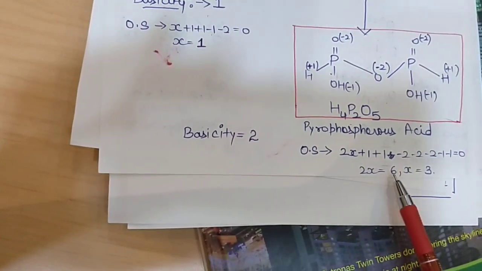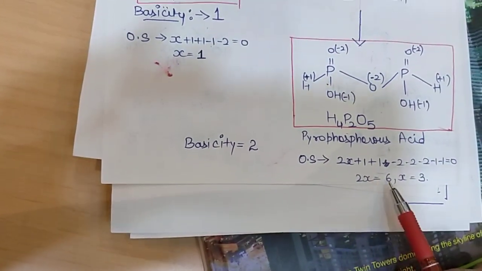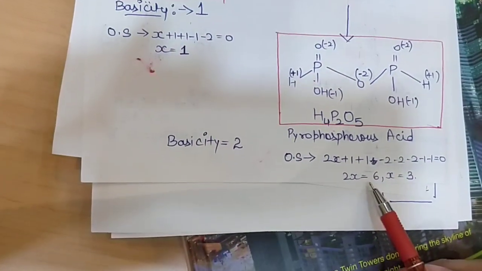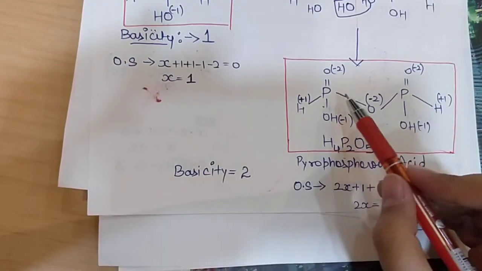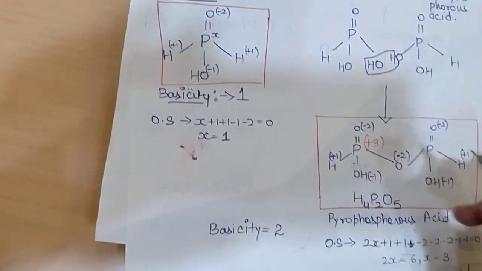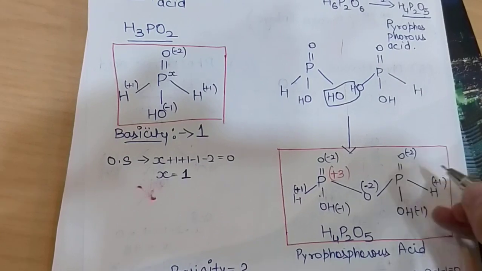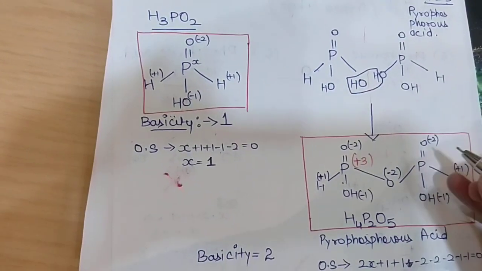Here 2x comes equal to 6 and x becomes 3. So the oxidation state of each phosphorus is +3 in pyrophosphorus acid, which has been generated by doubling the formula and removal of a water molecule.